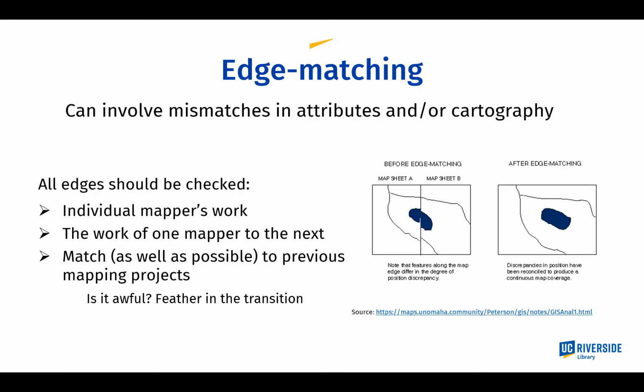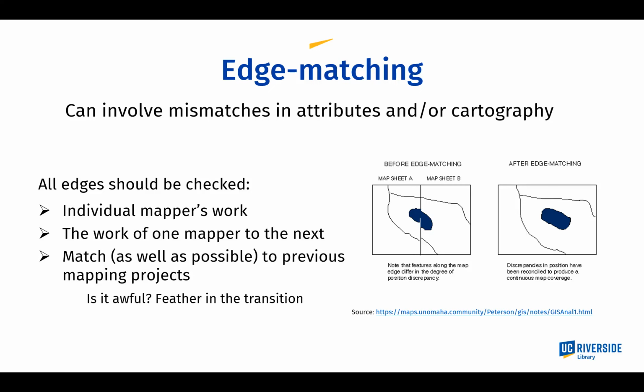Even if you're the same person doing both sides, like you're mapping sheet A and then you're mapping sheet B 3 months later, you come at them from different angles, and you may not even be thinking, oh, I'm mapping this differently from last time. So you would want to take a look at how it looks across the edge, because in the end, this is all going to be merged together into one seamless map, and you don't want little jaggedy things just because there was a map sheet boundary there, right?